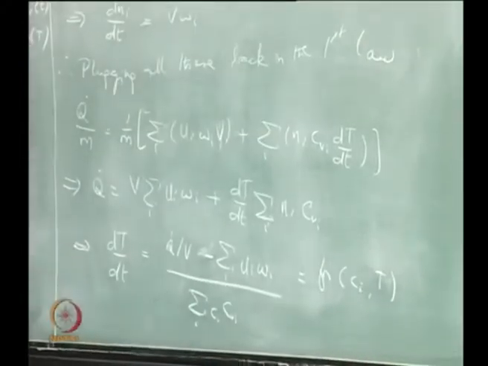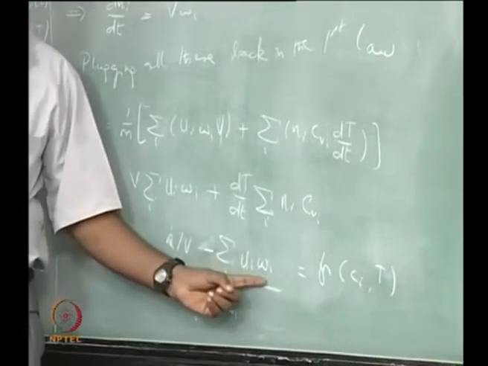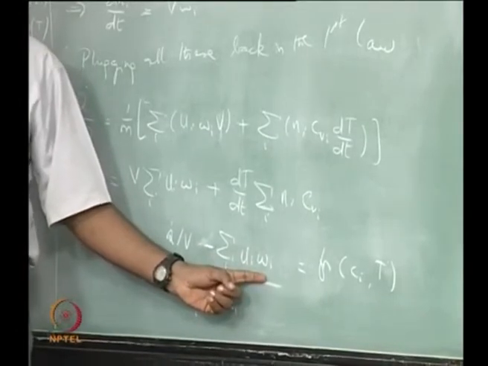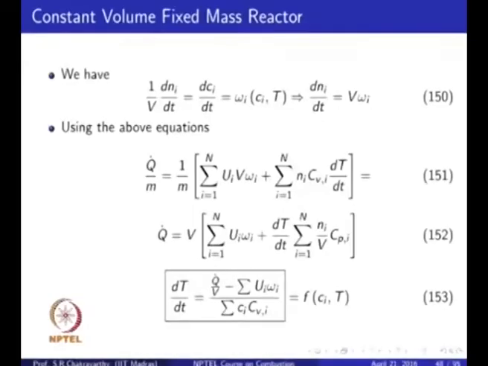Because omega i depends on Ci and temperature, and you also have an explicit presence of Ci showing up here. Therefore this is a function of the concentrations and temperature.